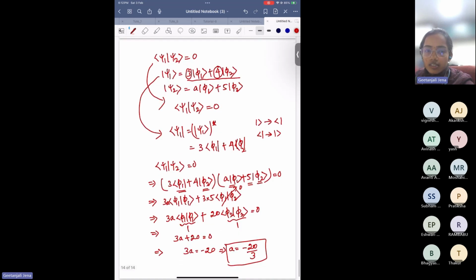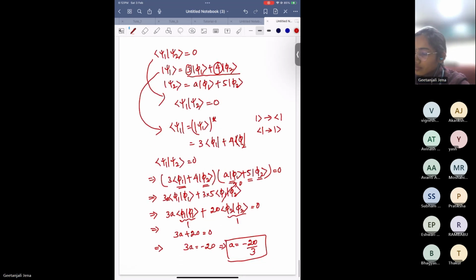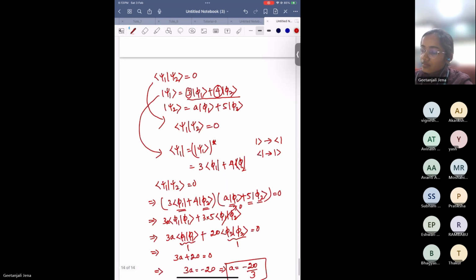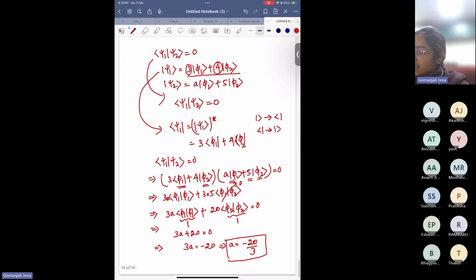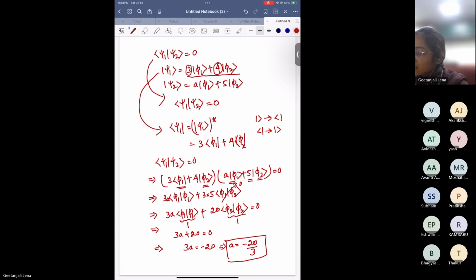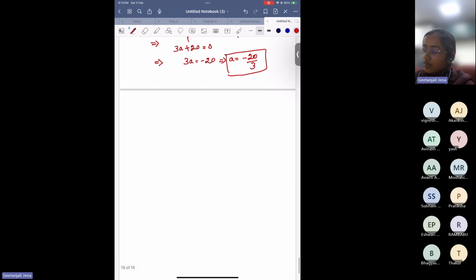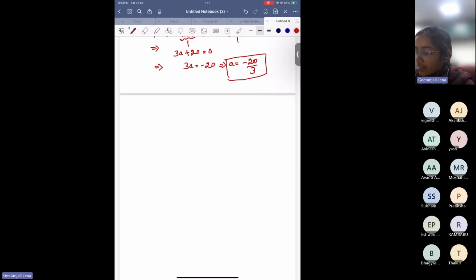So does everyone understand this problem? Let's take another quiz so that you can understand it better. Let's say given psi 1 equal to 4 phi 1 plus a phi 2, and the other state is given, let's say psi 2 equal to B phi 1 plus 20 phi 2.